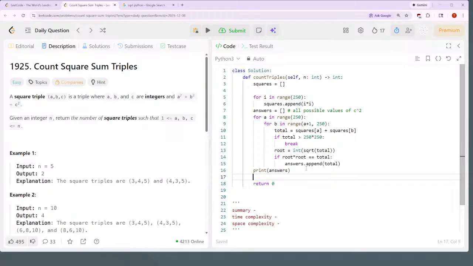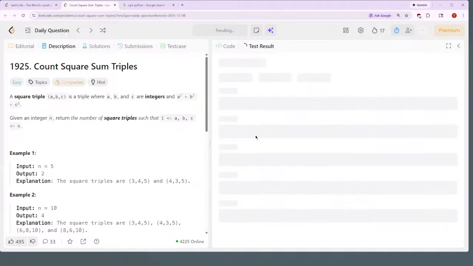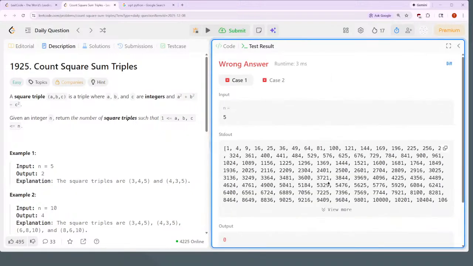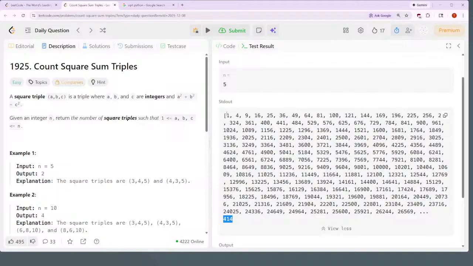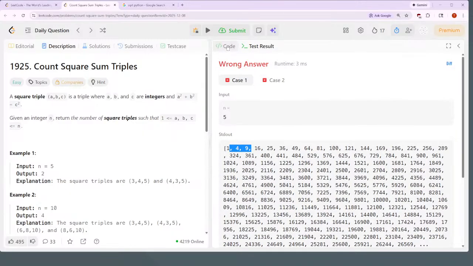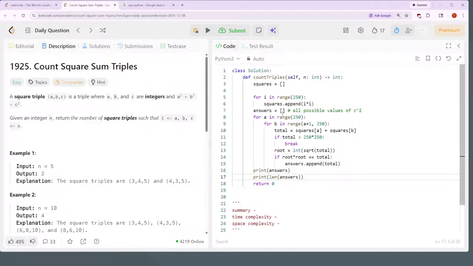Why does that look so long? More than 14. I did something really wrong. Oh. Yeah, this is every single square. What the hell's going on?